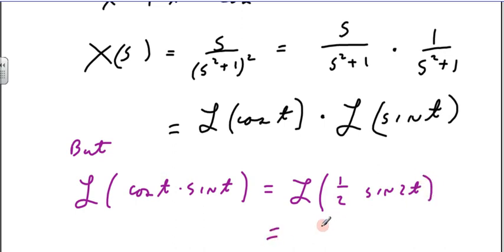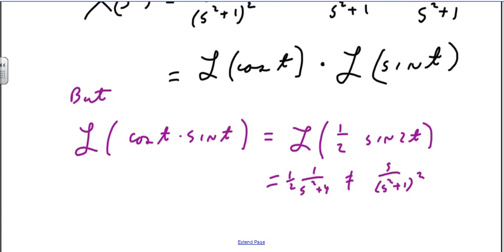And that's going to equal 1 over s squared plus 4 times a half, because there's a half sitting there, which is not equal to s over (s squared plus 1) squared. So that's kind of inconvenient. What are we doing? How come that's the case? Well, it is the case, so we're going to have to deal with it.